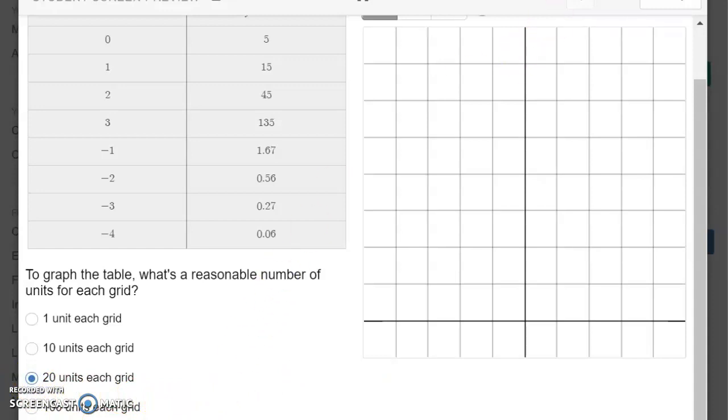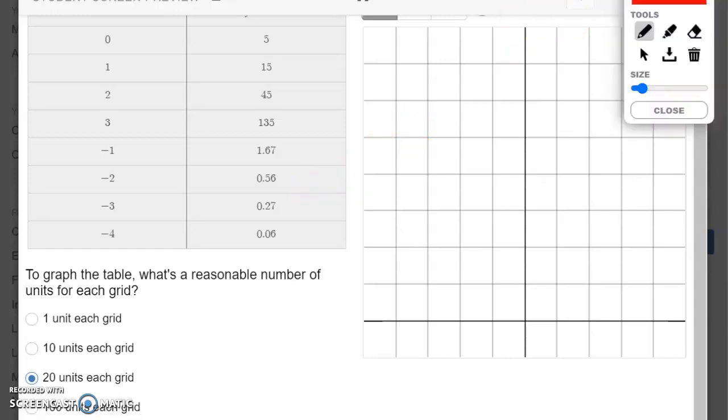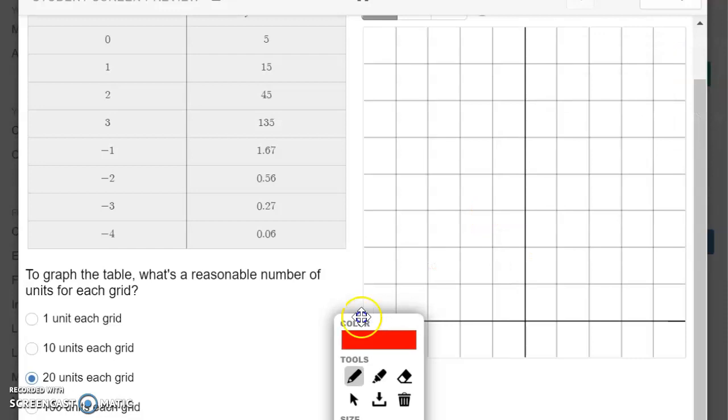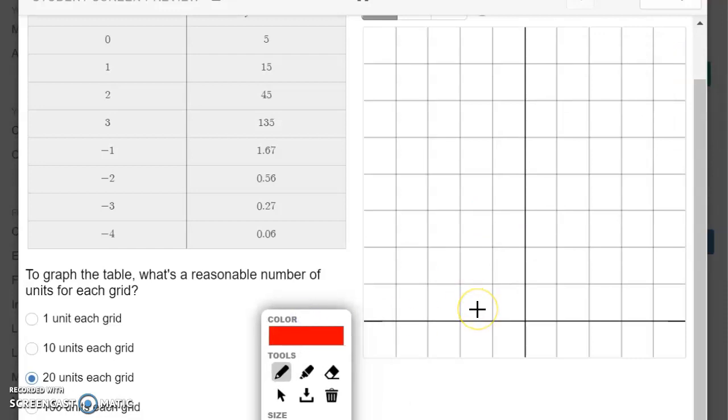Then from here, you need to graph them. So I am going to get my pen and label my grid: 1, 2, 3, and -1, -2, -3, and -4.